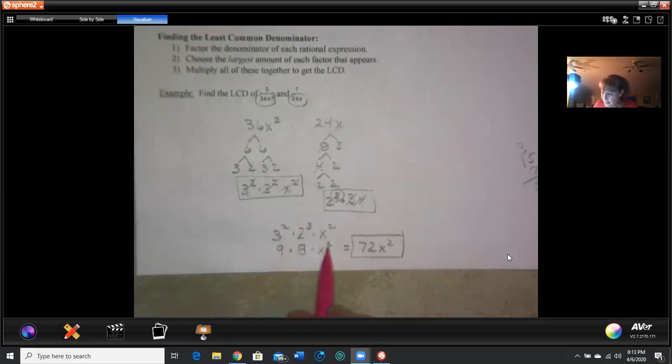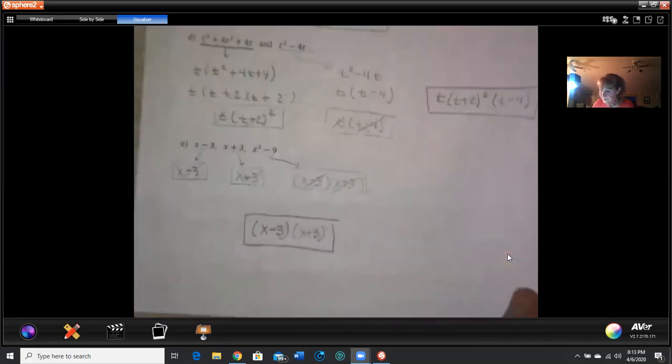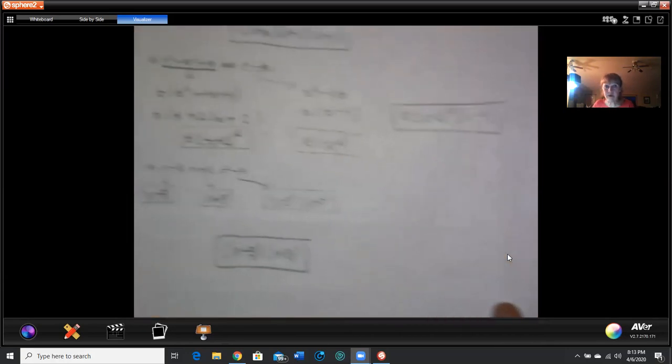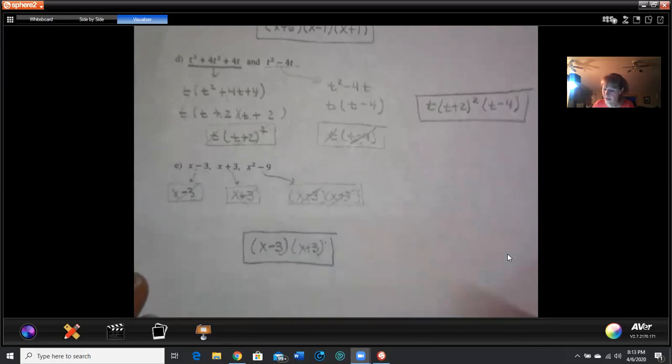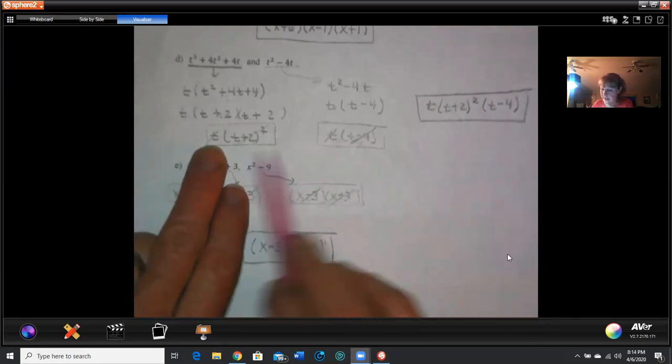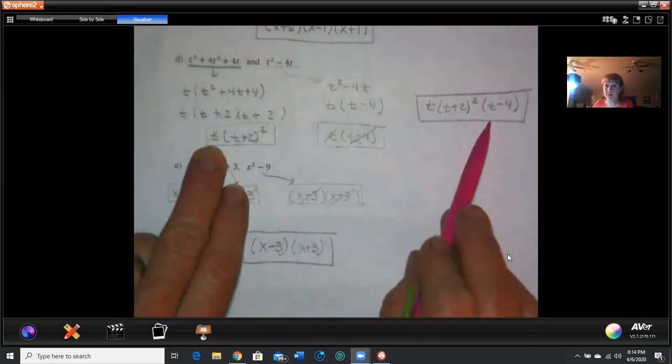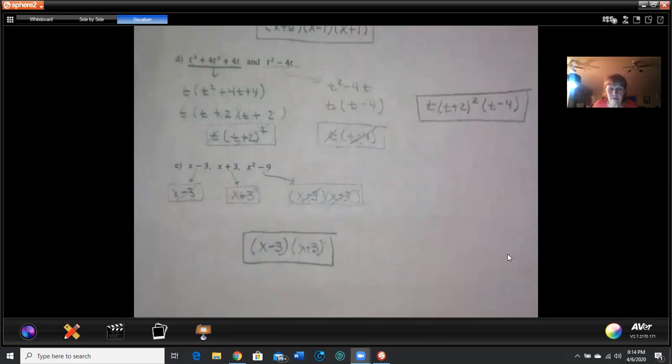Now, when you're doing these, go ahead and multiply them together and get the 72. But after you get the highest power, like on this one right here, this D, don't multiply them together. Just leave it. It'll be a lot easier to find the numerators.